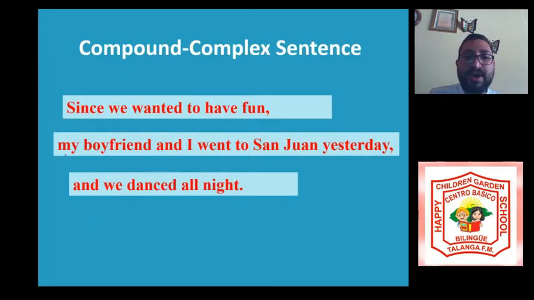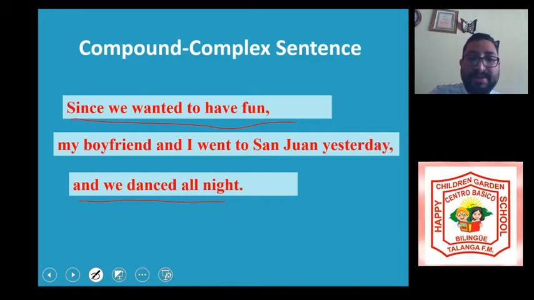Since we wanted to have fun, my boyfriend and I went to San Juan yesterday and we danced all night. So we have independent clauses: my boyfriend and I went to San Juan yesterday, and we danced all night.